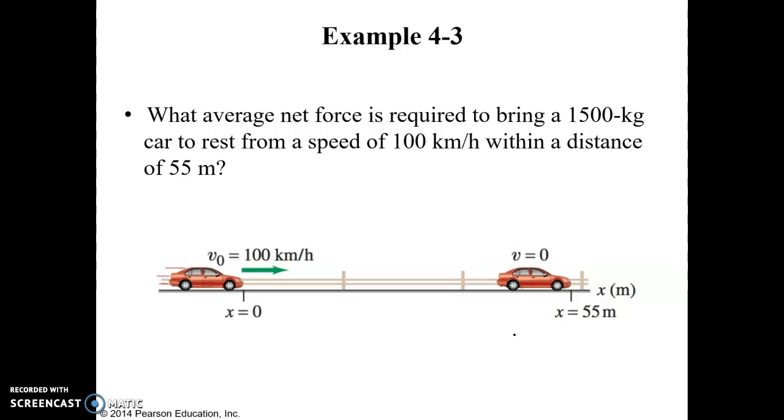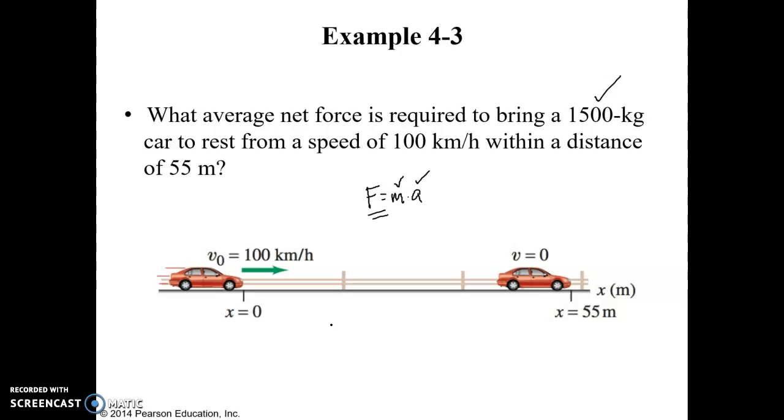So force, if we remember Newton's second law of motion, force is equal to mass times acceleration, and we know the mass. So if we can find the acceleration, we will know the force.